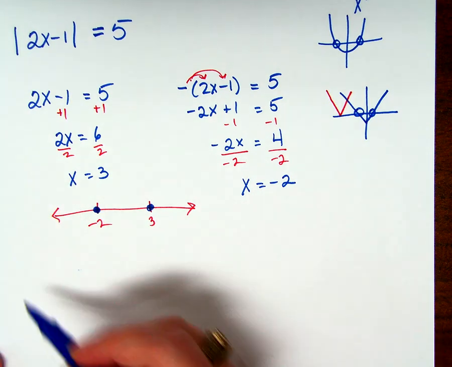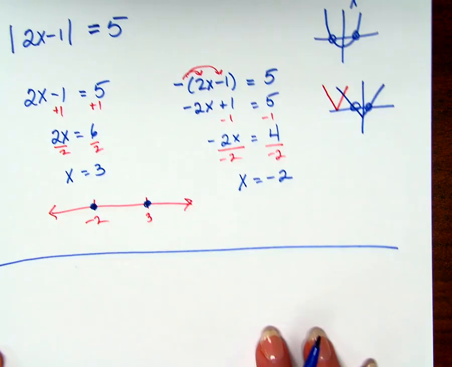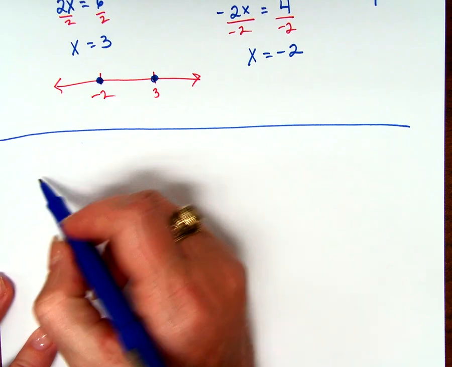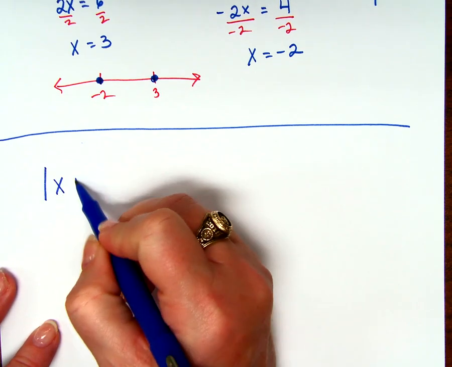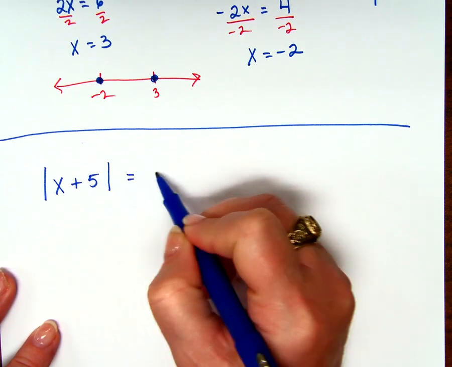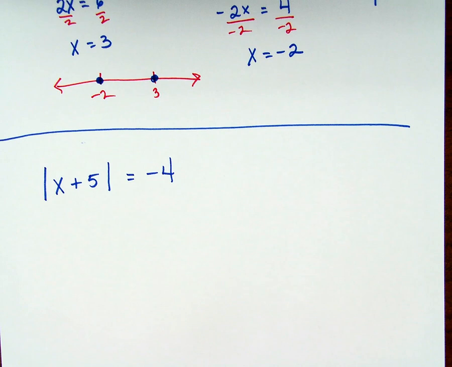Okay? Let me show you something to watch out for. Let's watch out for this type of problem. I want you to think about this problem with your brain. What does it mean to take the absolute value of something?